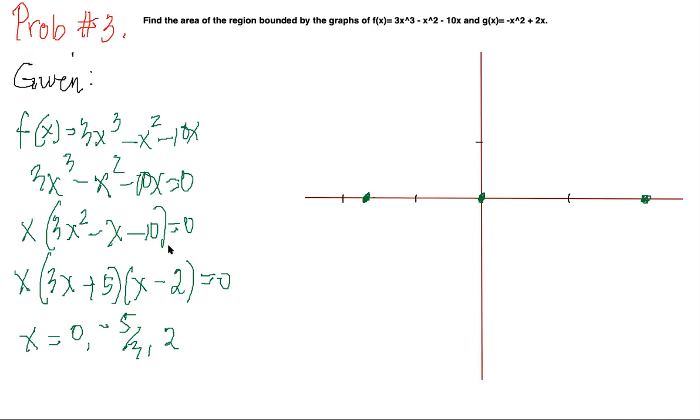To do that, we have x, 3x plus 5 and x minus 2. So let's do the sign chart.